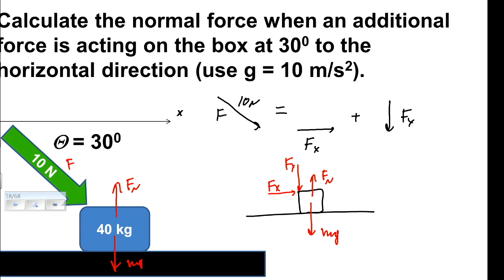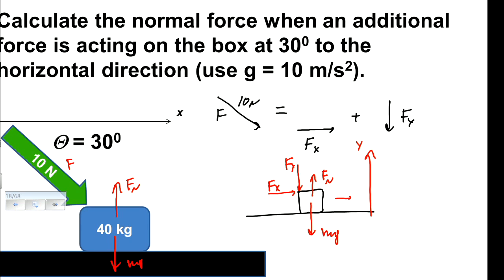We don't know if the box is at rest. We don't know if it's moving. But it doesn't matter. Because even if it were moving, the motion would be horizontal.